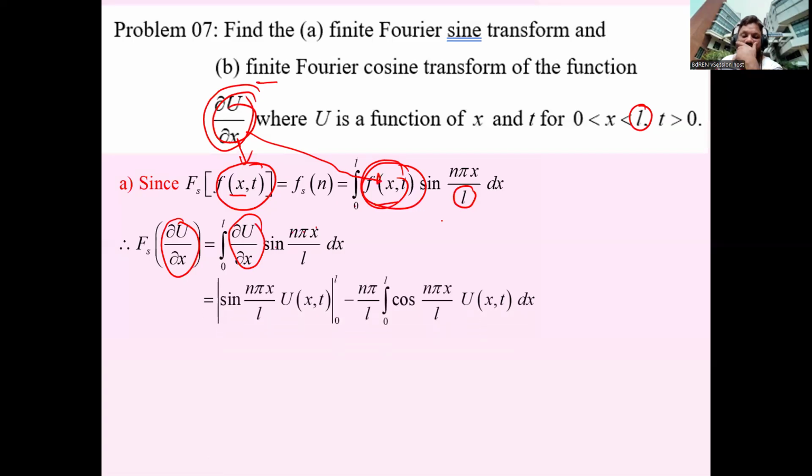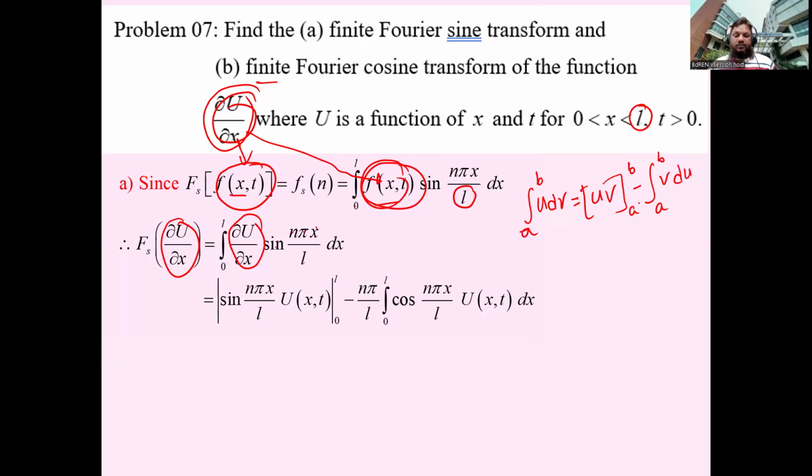Now, using the integration by parts rule, that is the integral from A to B of u dv equals uv from A to B minus the integral from A to B of v du. We use this identity.